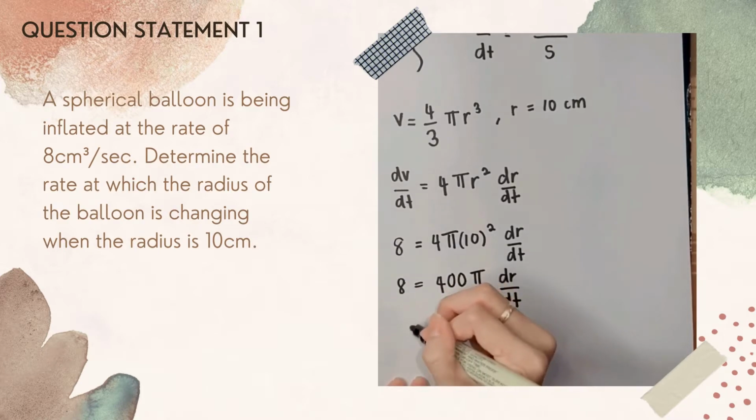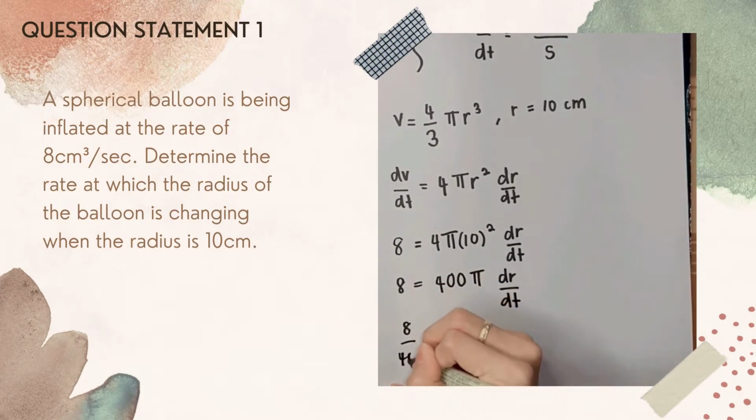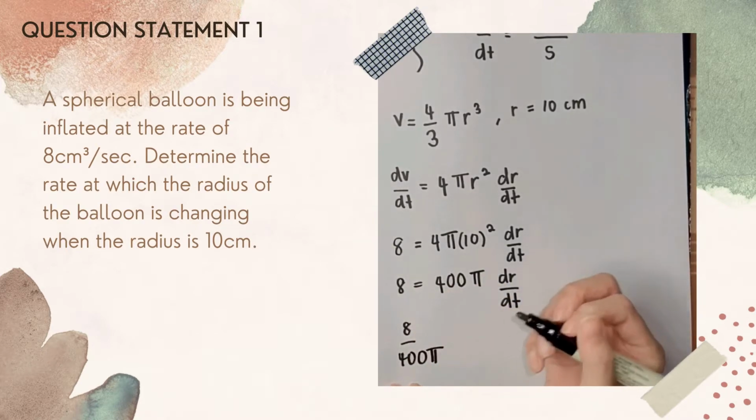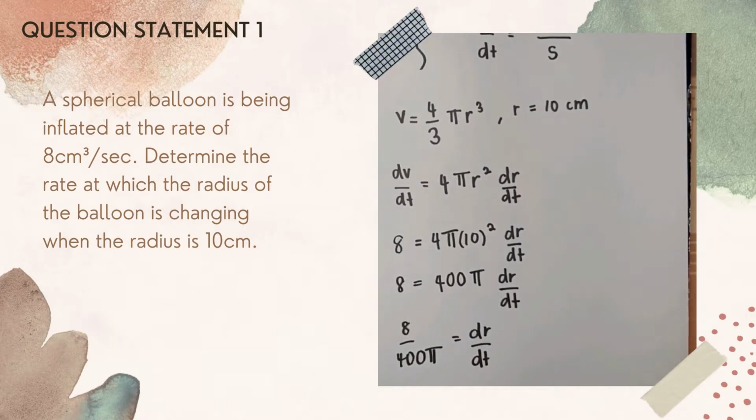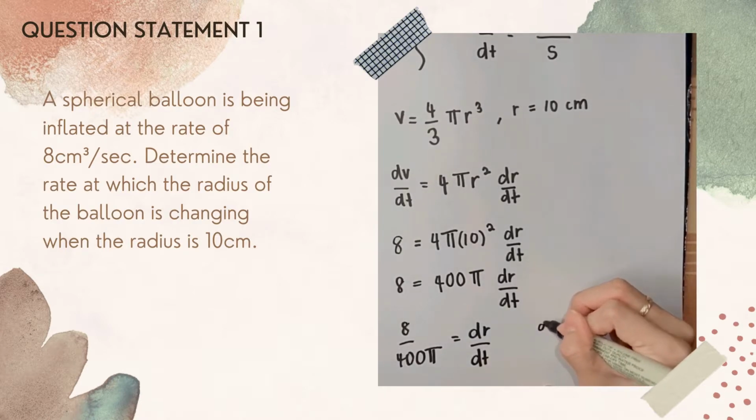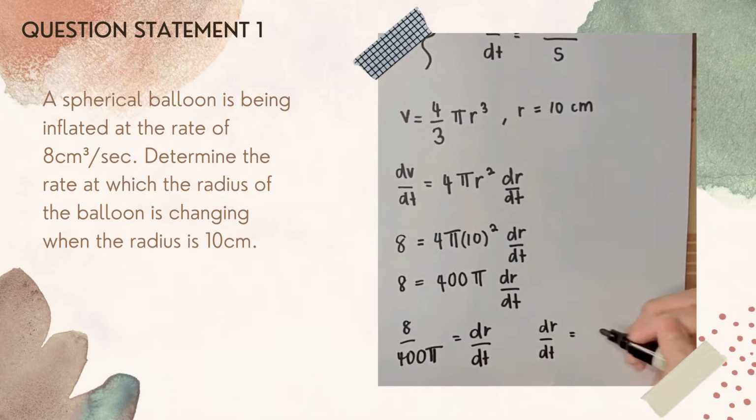Solve the remaining equation. 8 over 400 pi equals dr over dt. I move it to the right side so it's easier for you to see. dr over dt equals 1 over 50 pi cm per second. So the answer is 1 over 50 pi cm per second.